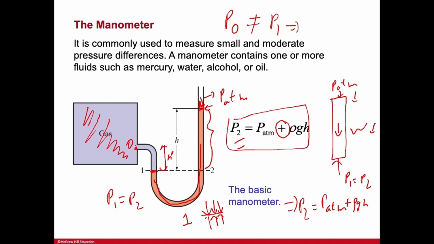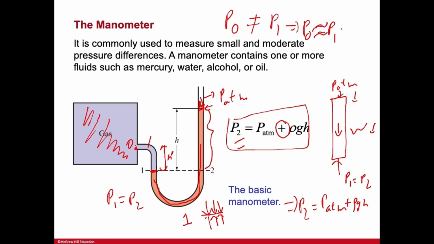But since the container has gas, so this fluid has gas in this channel, P0 is approximately P1, right? And this is because, let me just erase this. So it's approximately P1.